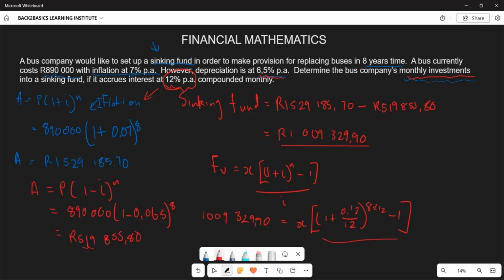And then now, what is it that we are going to do? Let's try and write it here, right? So before we write that, we need to write the interest, this one. So this is going to be 0.12 over 12, isn't it? So that's what we're dividing with.